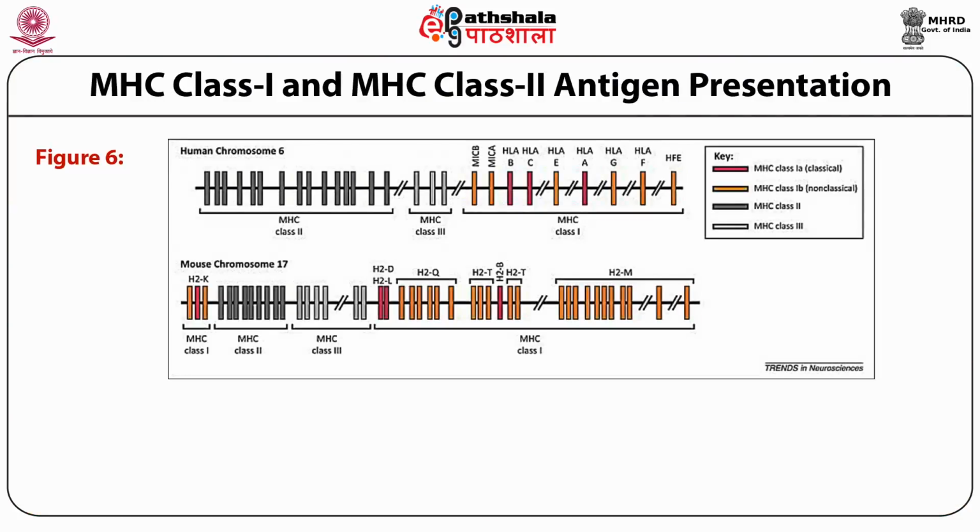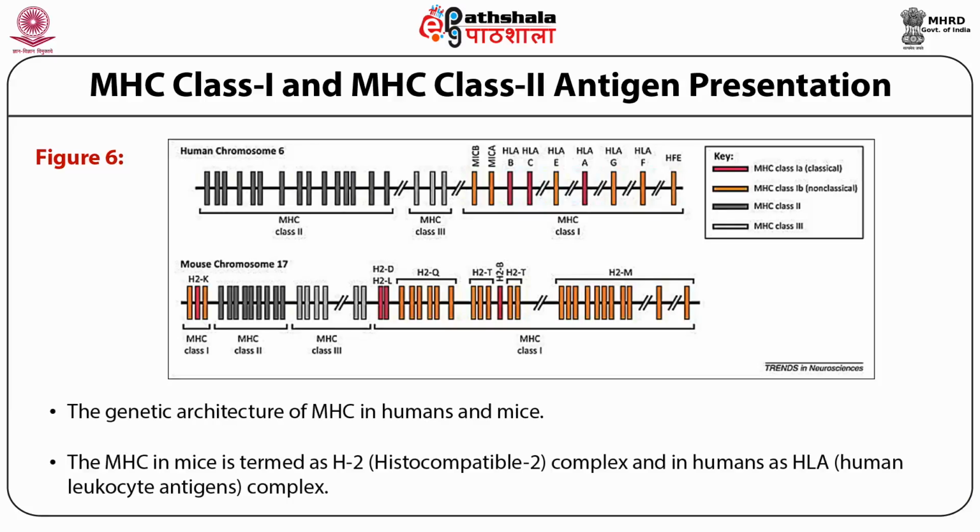This slide shows the genetic architecture of the major histocompatibility complex in humans as well as mice. Here you can easily see that the MHC complex is situated in chromosome number 6 of humans and chromosome number 17 of the mouse.